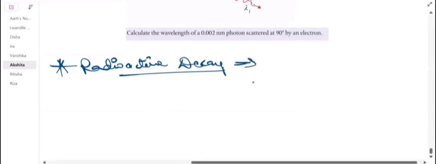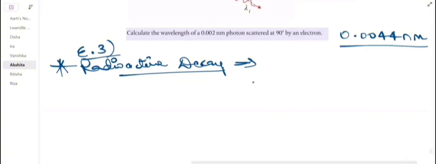The answer is 0.0044 nanometer, 4.443. Yeah, you are correct, but somewhere these things are missing. Check.